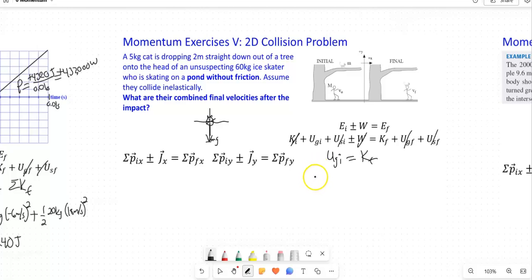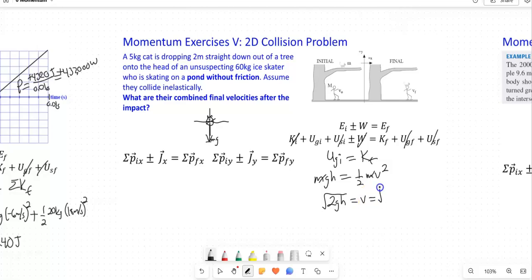So the kitty cat's mass times gravity times height is equal to 1/2 the kitty cat's mass times velocity squared. The little m's are going to cancel out. We're going to get 2gh equal to v squared, and then square root both sides. And when we do that, we're going to have our velocity.